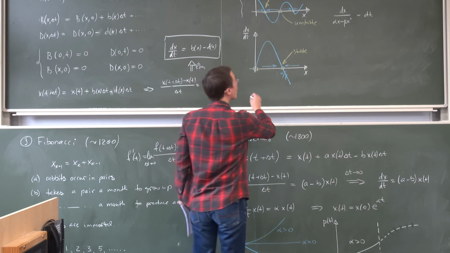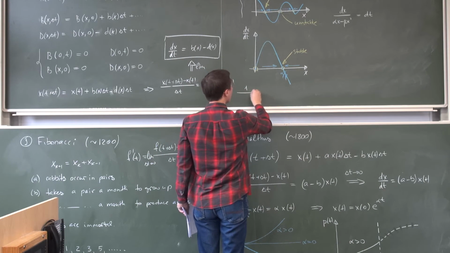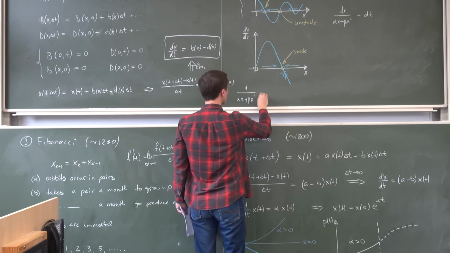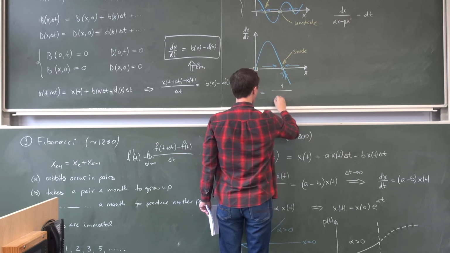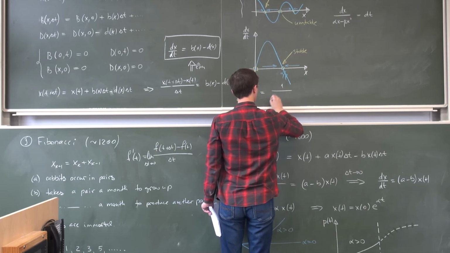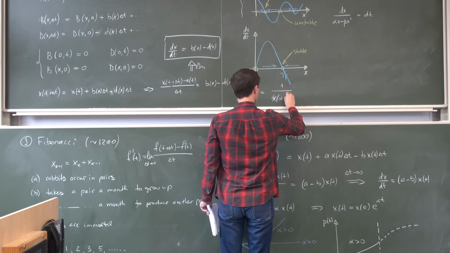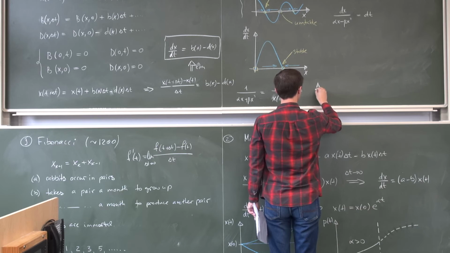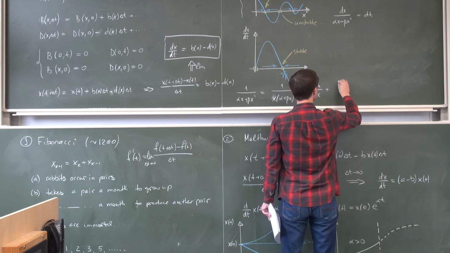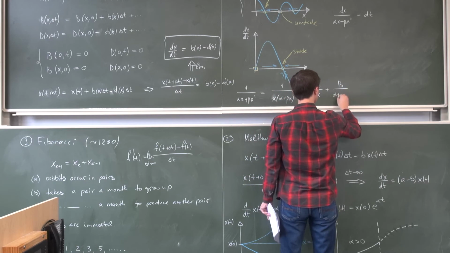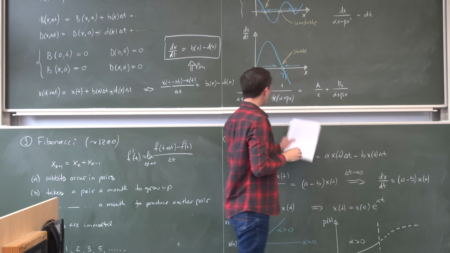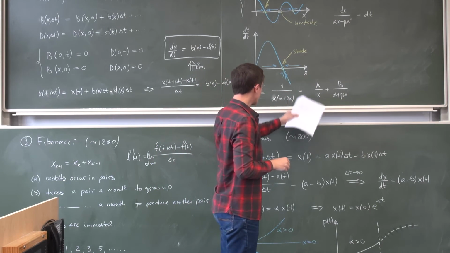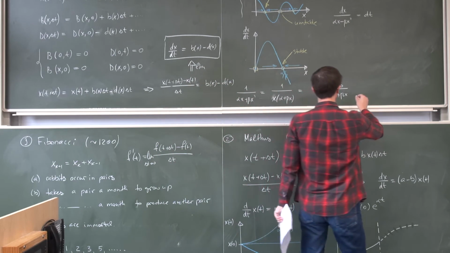So we have 1 over alpha x plus beta x squared. That's the same as 1 over x times alpha plus beta x. And this we will say is a over x plus b over alpha plus beta x. So we just split it in the usual way. Let us merge this back and then obtain the equations for a and b.